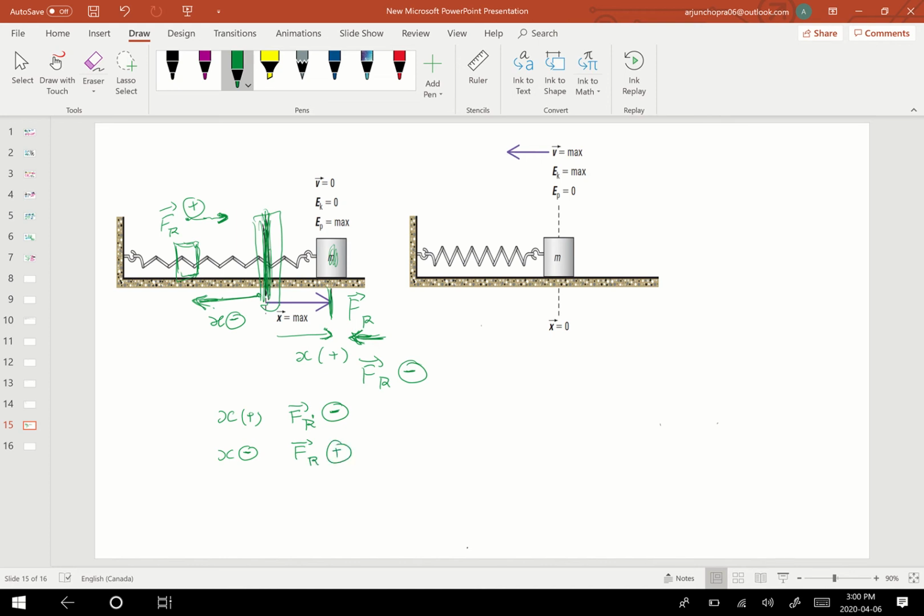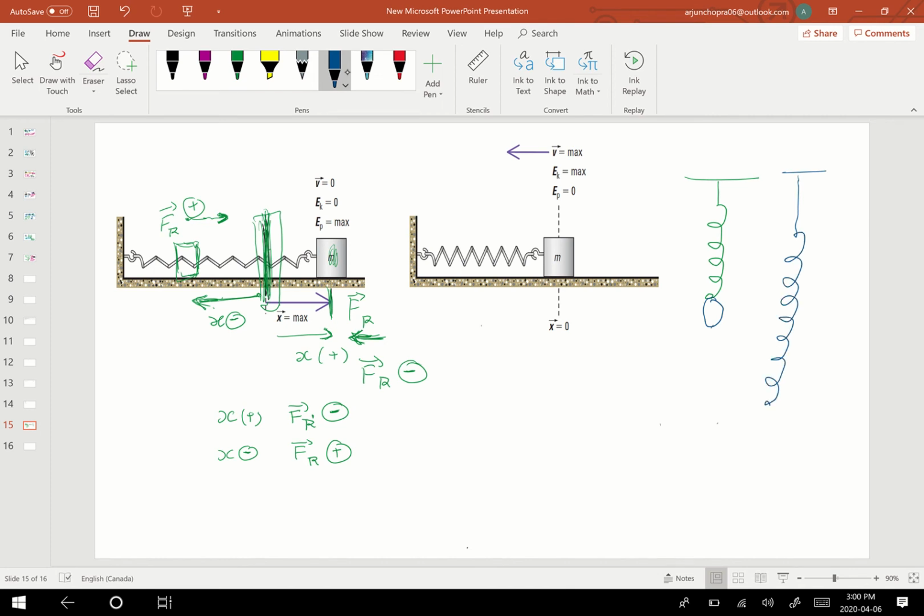And then we can apply the same concept to vertical springs also. So if this is a vertical spring, and I attach some kind of mass to it, this mass will pull the spring in the downward direction like this.